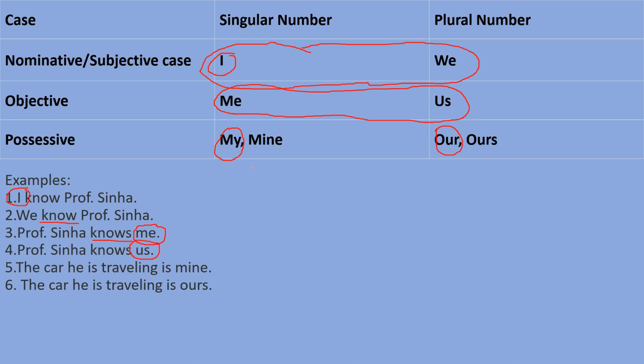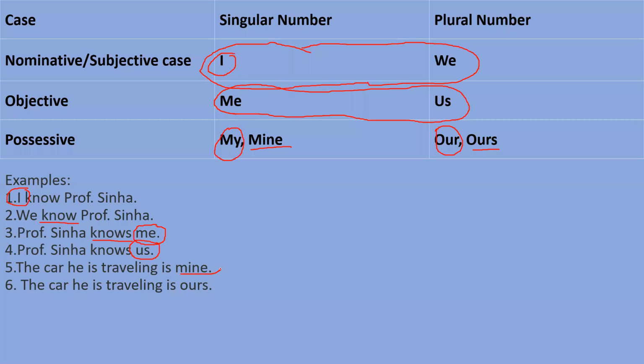But these words, mine and ours, are called possessive case pronouns. Whenever we have to show possession, we use mine or ours for the first person. For singular, we should use mine, and for plural, we should use ours. The car he is traveling in is mine.